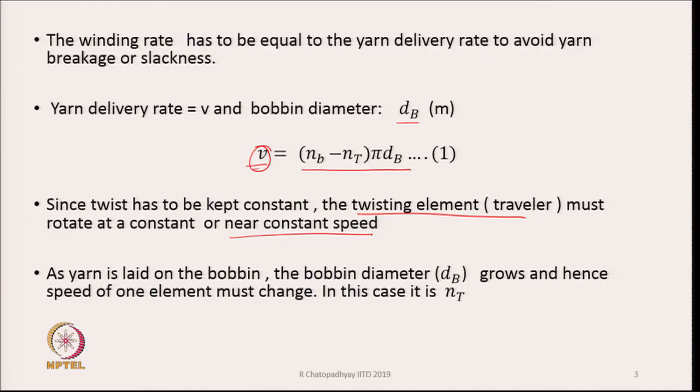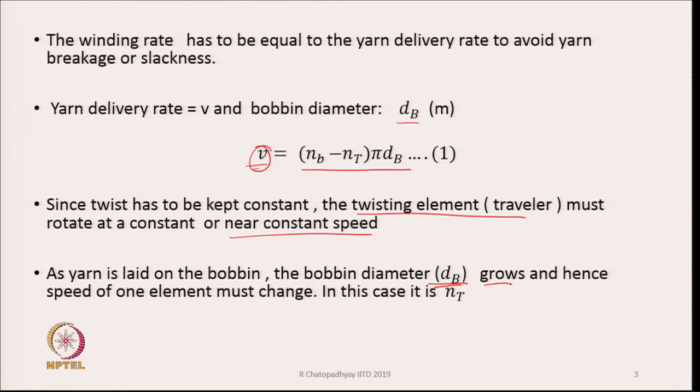As the yarn is laid onto the bobbin, the diameter dB will also grow, and hence the speed of one of the elements must change, and in this case the speed of the traveler is made to change. The speed of the bobbin is maintained at a constant level.